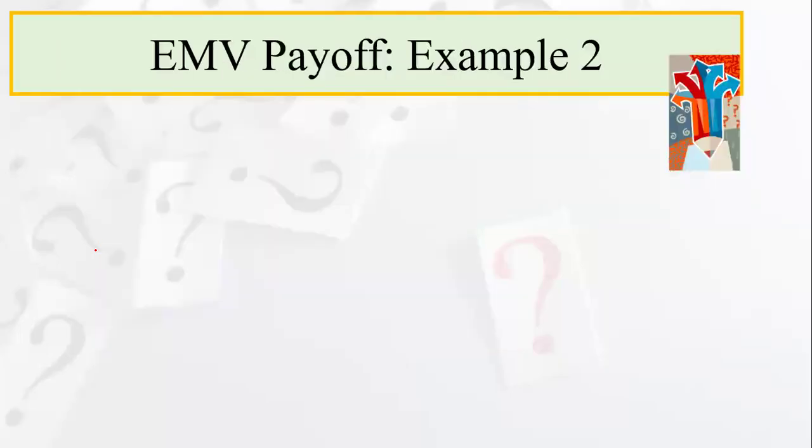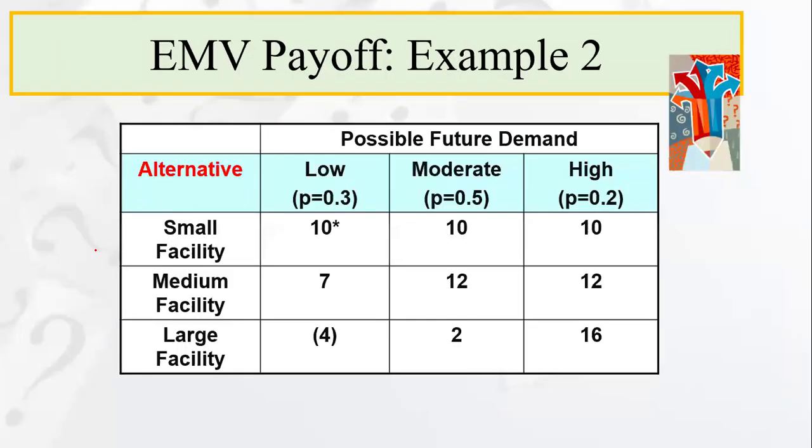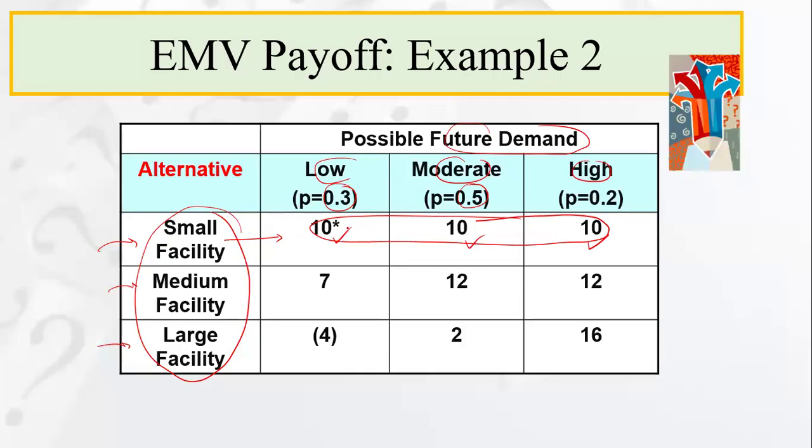So let's take an example here. The future demand can be low, moderate, or high. You may take a small facility, a medium facility, or a large facility. Only one of them you are doing, not all of them. If you do a small facility, the probability of low demand is 0.3. The probability of moderate demand is 0.5, and these are the profits. So the average profit is 10 multiplied by 0.3 plus 10 multiplied by 0.5 plus 10 multiplied by 0.1.